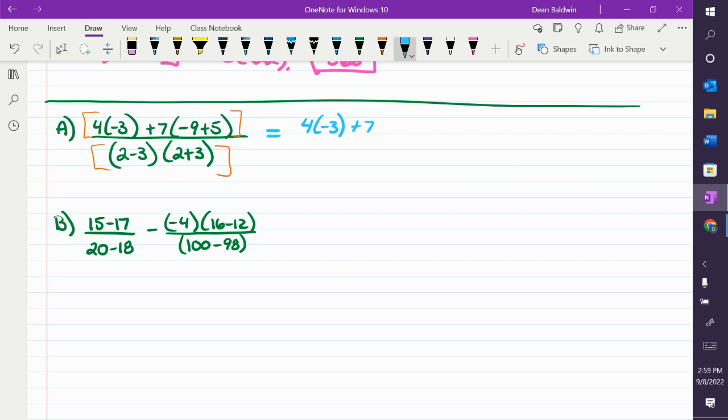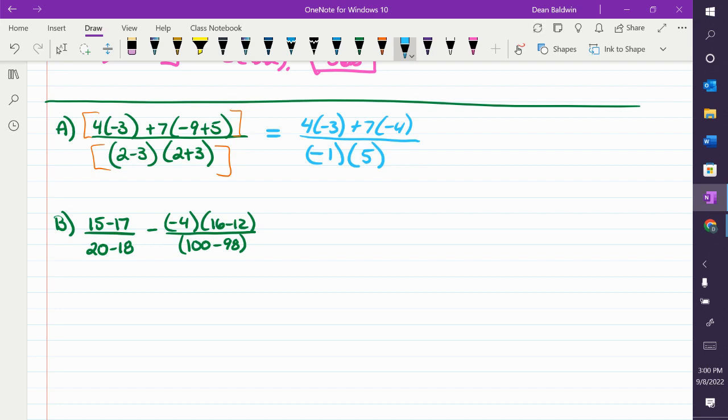So I get plus 7 times negative 4 over. You can do the bottom as well. You just don't divide them yet. So I can now do the brackets in the bottom. What is 2 minus 3? Negative 1. What is 2 plus 3?